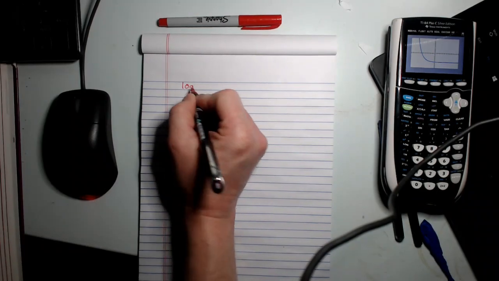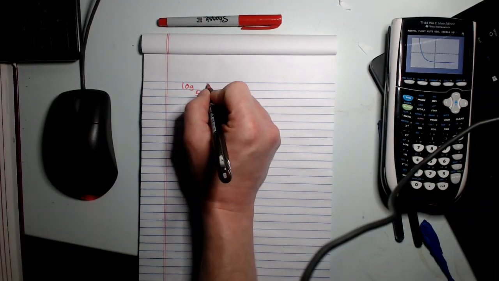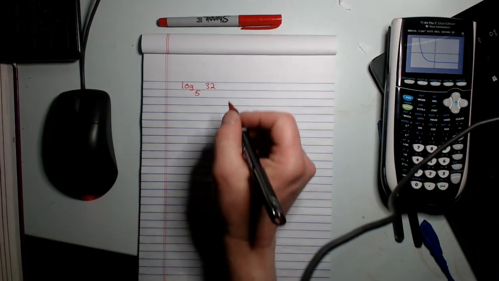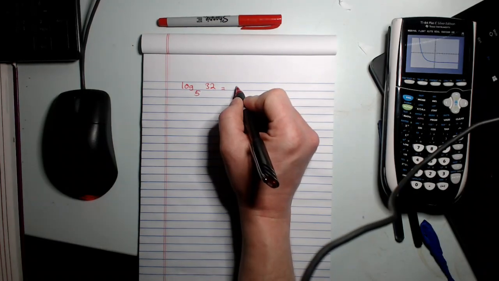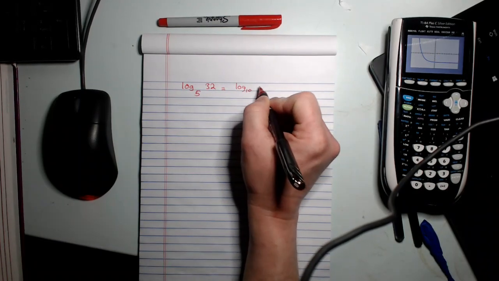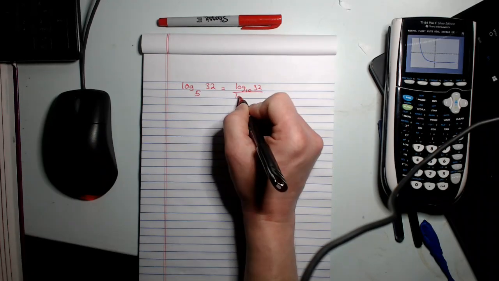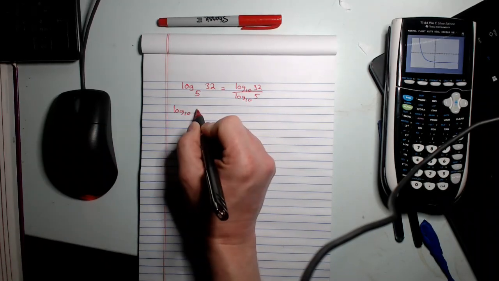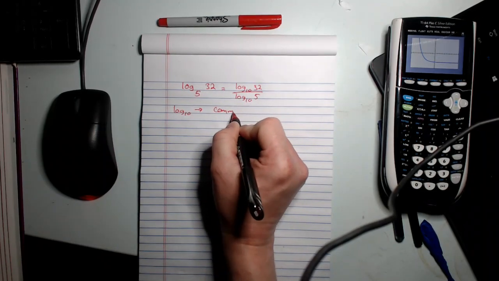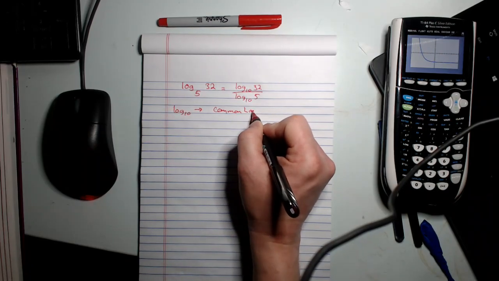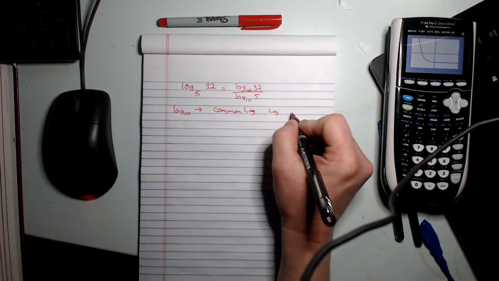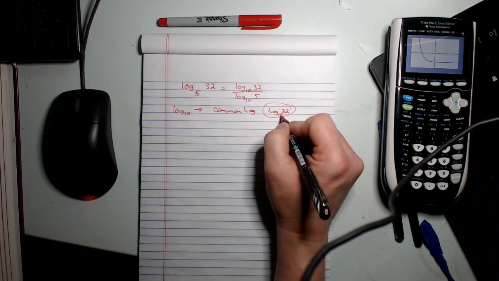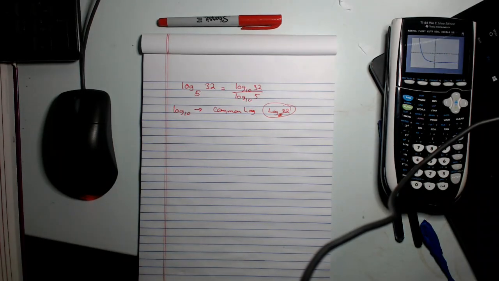So let me show you an example. Let's say I had log base 5 of 32. Now I have no idea what this is, but I can change this into the log base 10 of 32 over the log base 10 of 5. Now, log base 10 is known as the common log. And we just write log of 32 to represent log base 10 of 32.